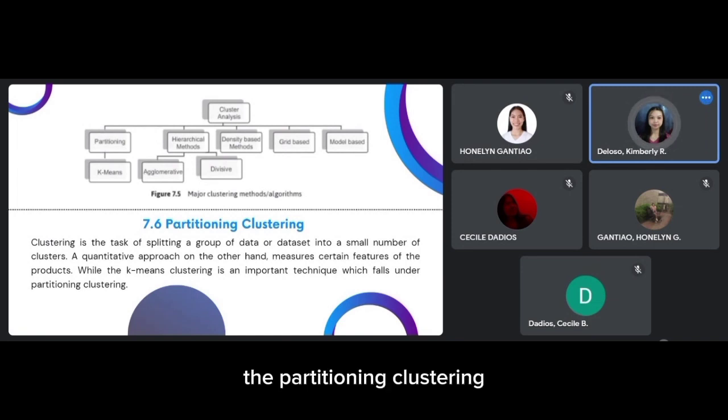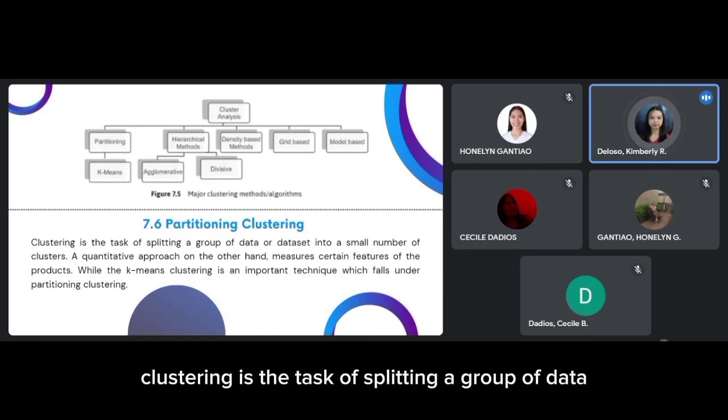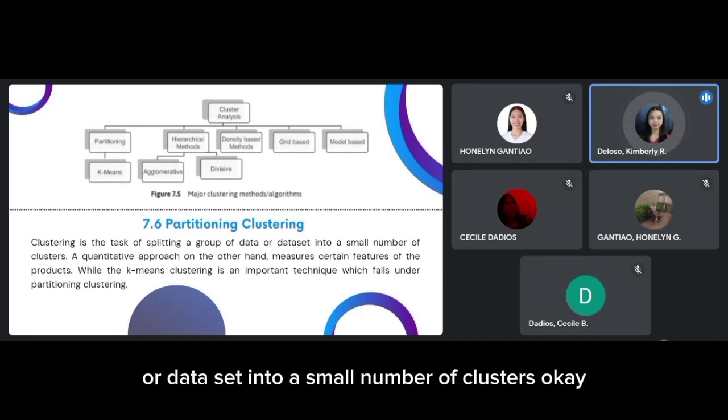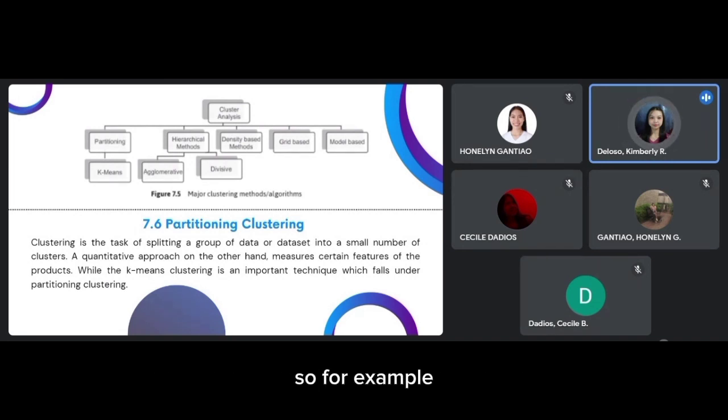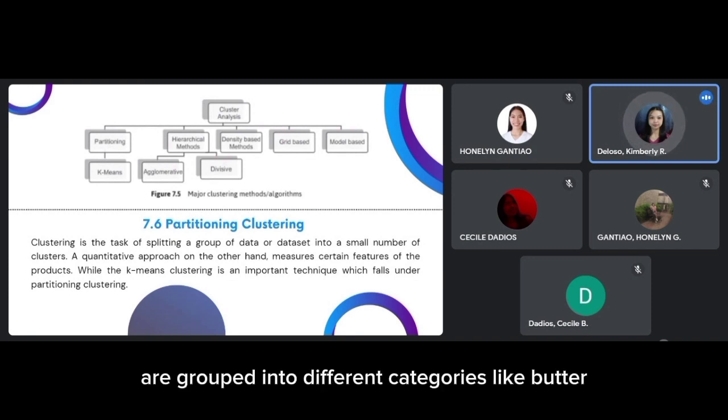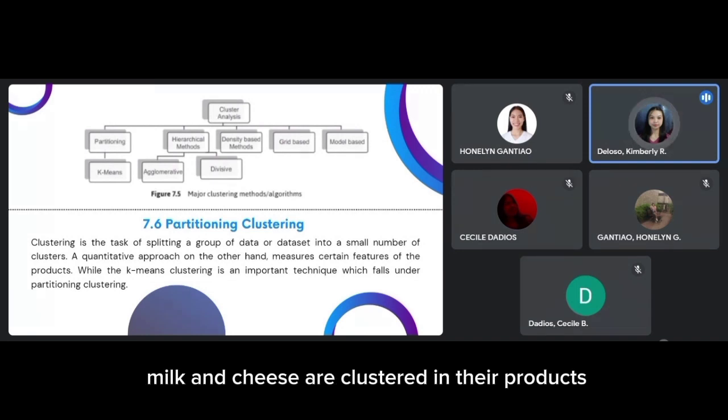So, partitioning clustering. Clustering is the task of splitting a group of data or dataset into a small number of clusters. For example, the items in a grocery store are grouped into different categories, like butter, milk, and cheese are clustered in dairy products. Those are a qualitative kind of partitioning.